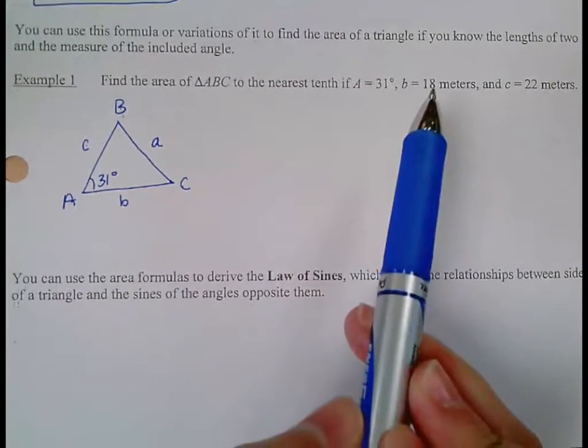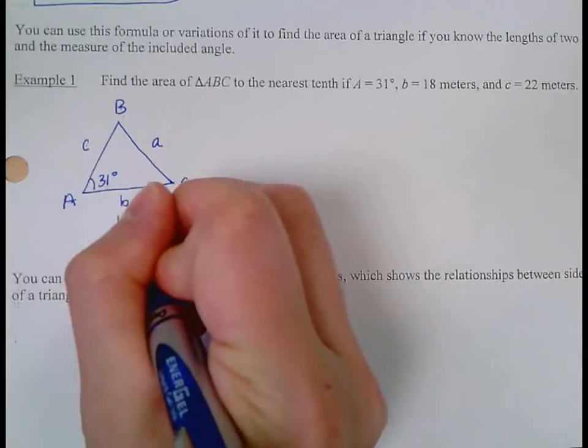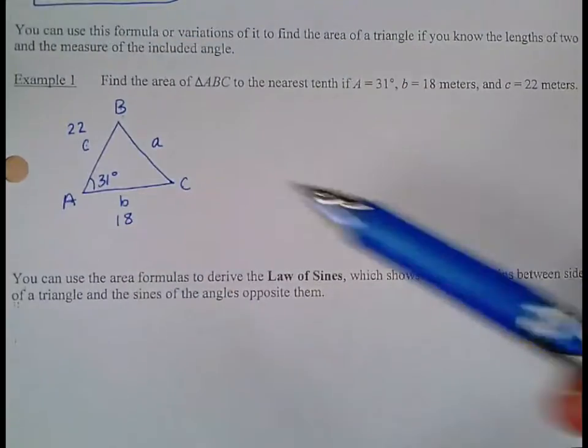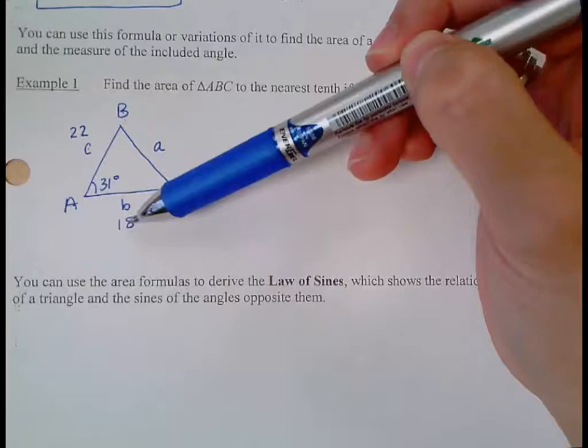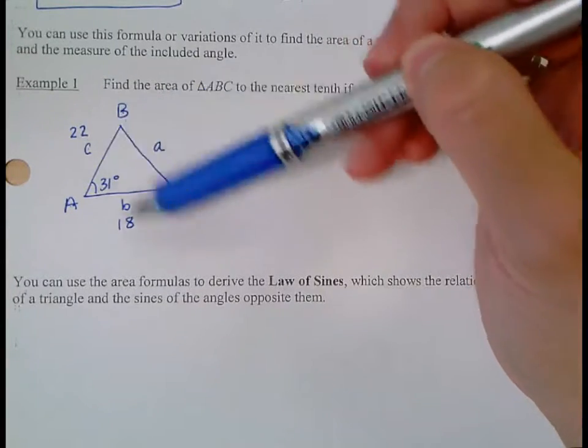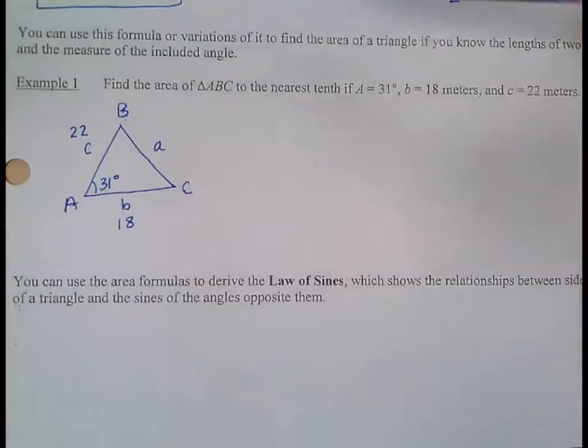So we know side length b is 18, and side length c is 22. Notice we have sides b and c and the included angle, and that's what you need to use your area formulas.